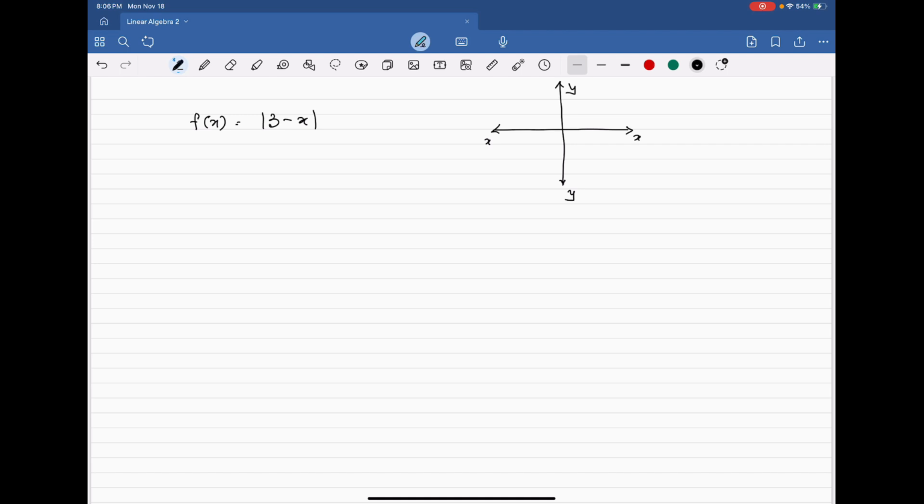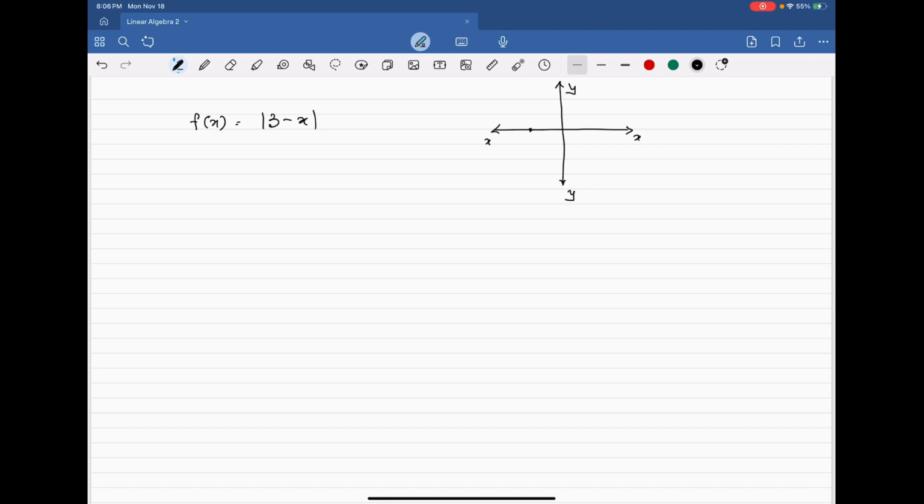If x is less than 3, then function x will be always positive, whatever be the value of x. For example, x is equal to 3. What is the value of function x? That will be 0. x is equal to minus 3.